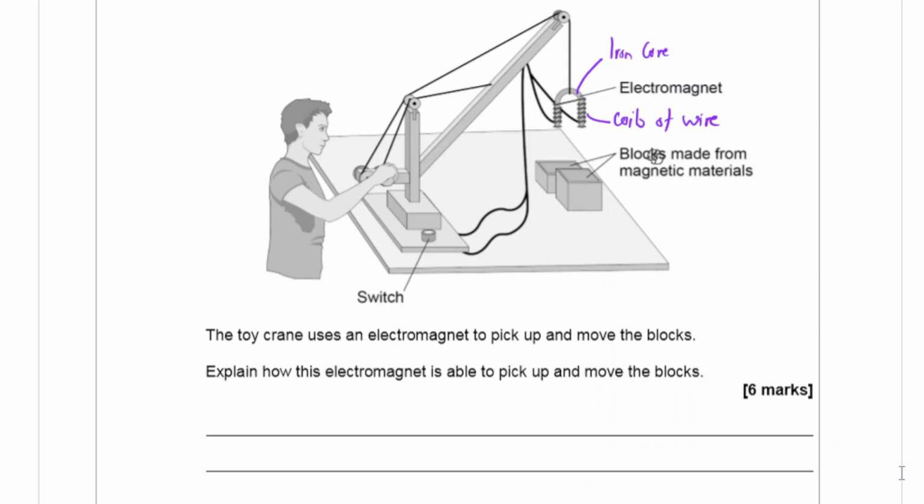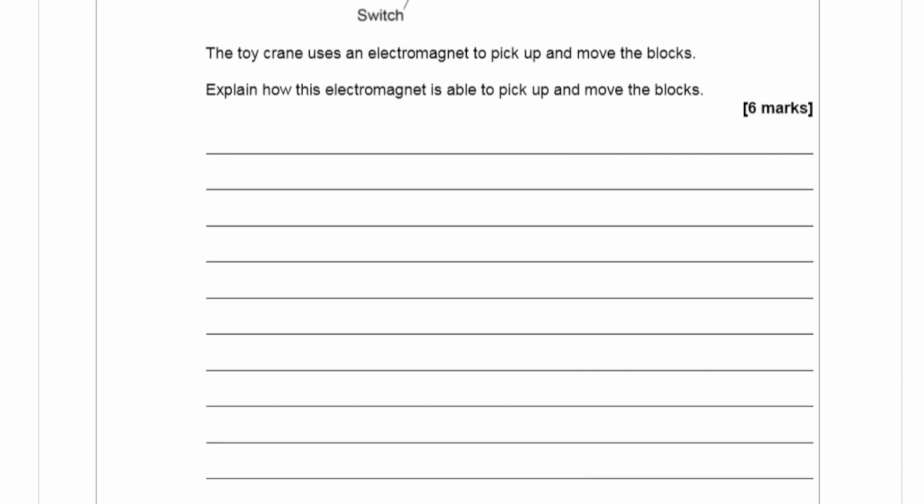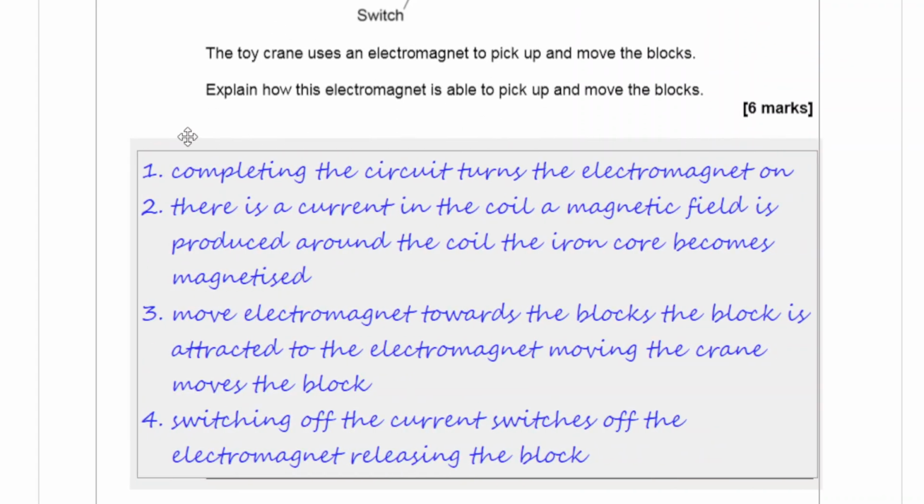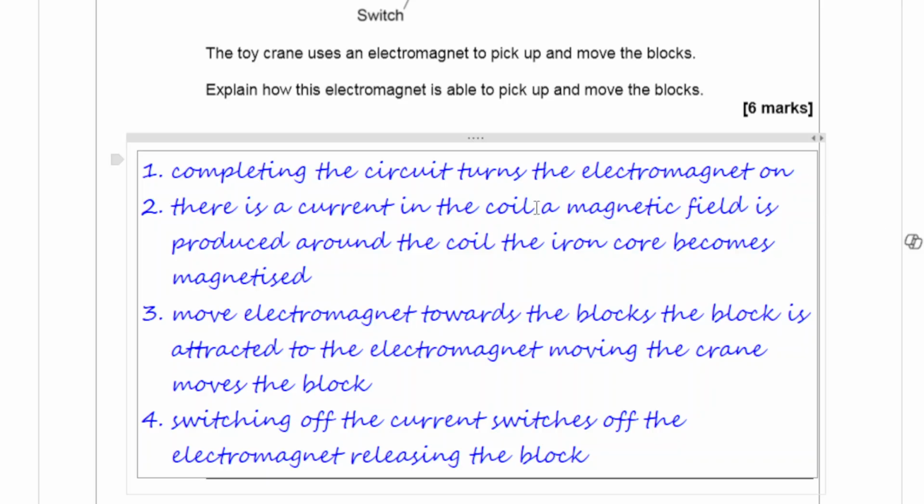So here's a model answer. Completing the circuit turns the electromagnet on. There is a current in the coil. A magnetic field is produced around the coil. So the iron core becomes magnetized.